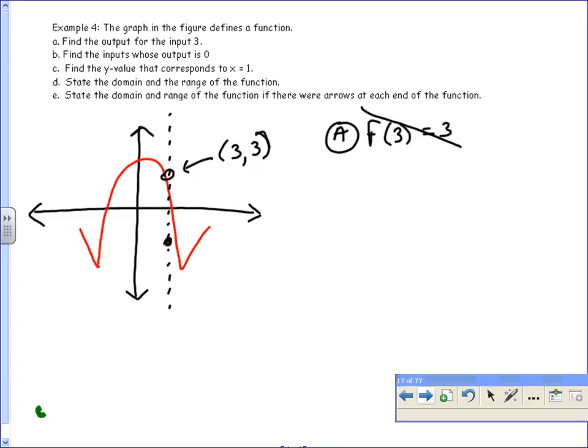and then down here that hole gets filled. So when you go to look at f of 3, it's actually where it's filled in, which is down here, and I'm not sure what this is. I'm going to say it's -2. So f of 3 is not 3, but f of 3 is actually right here, which is going to give us that f of 3 is -2.